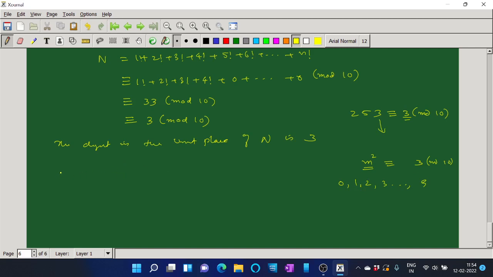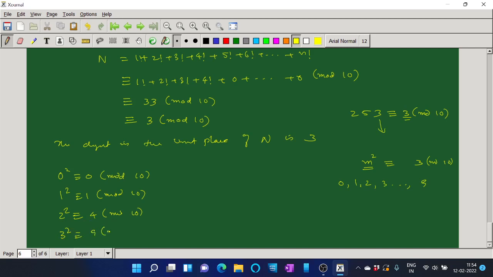So what about 0? 0 square we know is congruent to 0 mod 10, so it never ends in 3. 1 square is congruent to 1 mod 10. 2 square is congruent to 4, that is, any integer that ends in 2 has a square ending in 4. So 2 square is congruent to 4 mod 10.